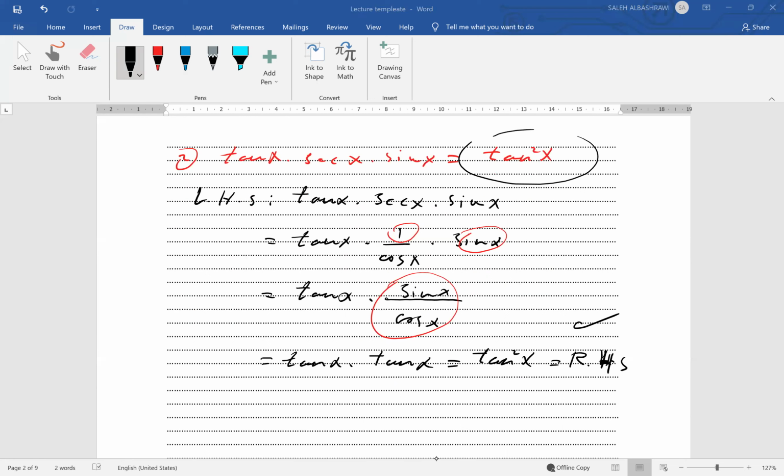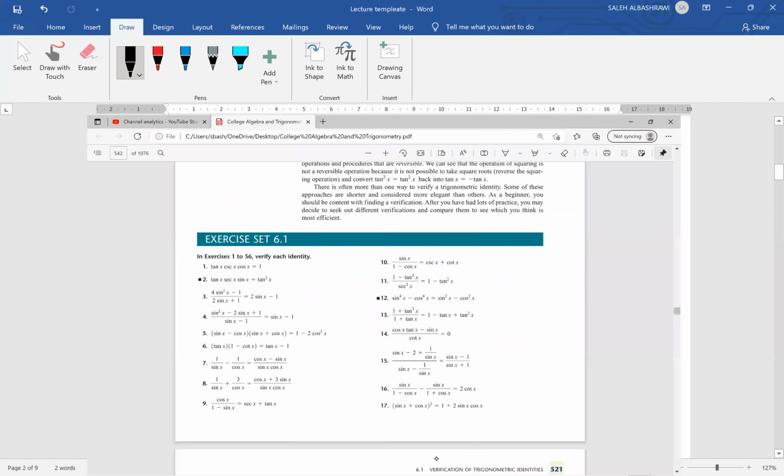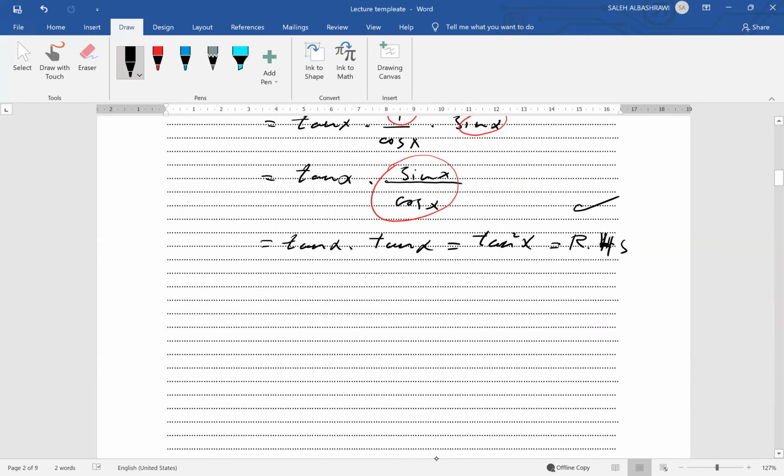Next one, say example number 3. We have 4 sine square minus 1 over 2 sine minus 1, exercise number 3, equal to sine x minus 1.